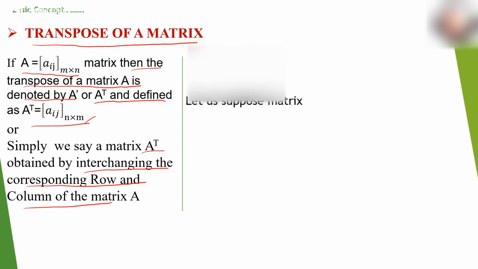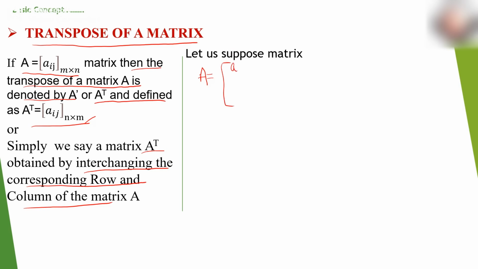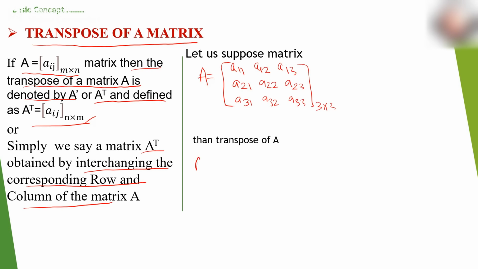For example, let us suppose a matrix A with rows A11, A12, A13; A21, A22, A23; A31, A32, A33. So we take a matrix of order 3 cross 3. Now if we take the transpose of that matrix, we just interchange the rows into the columns.